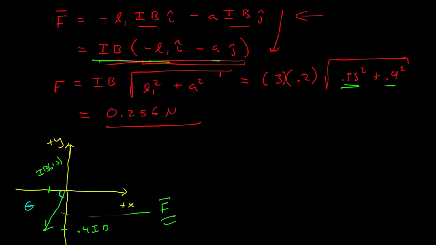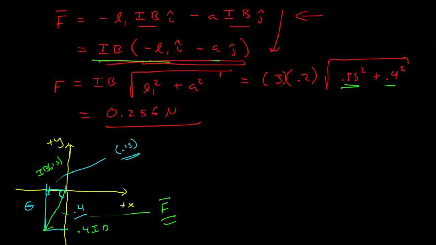So if I want to find that theta, I draw my right triangle, and I know the length of this side can be 0.15, and the length of this side can be 0.4. Do you see? I don't have to worry about the IB or anything like that. I'm just doing basic trigonometry.